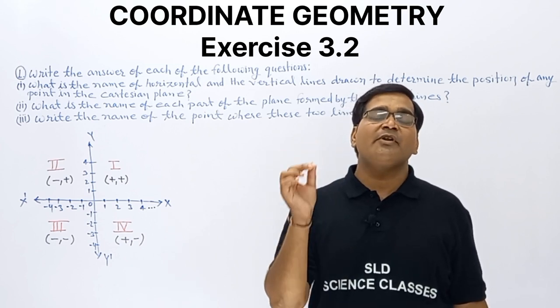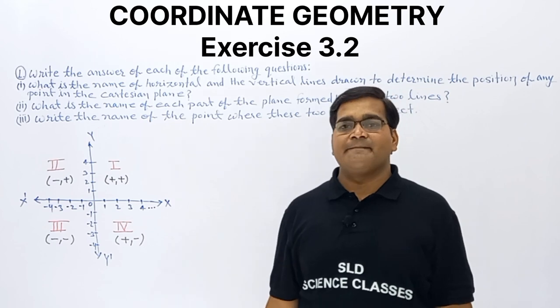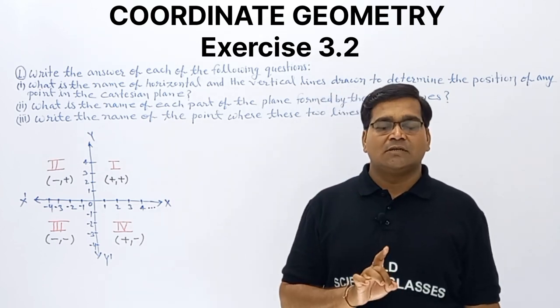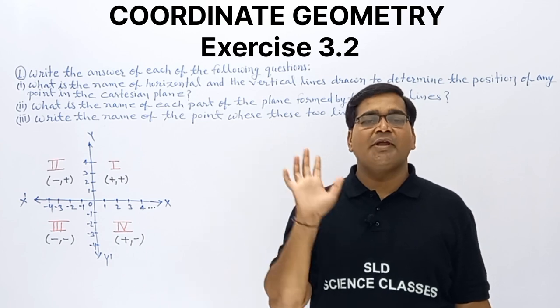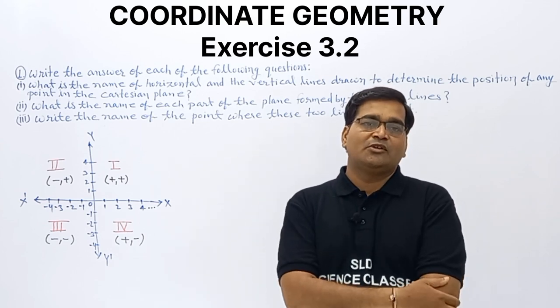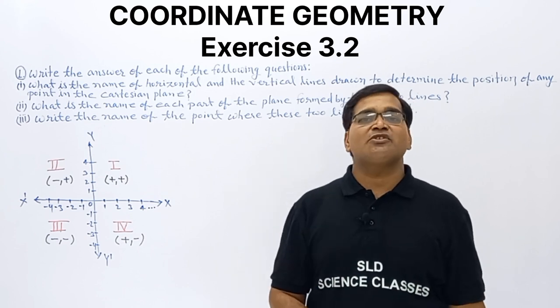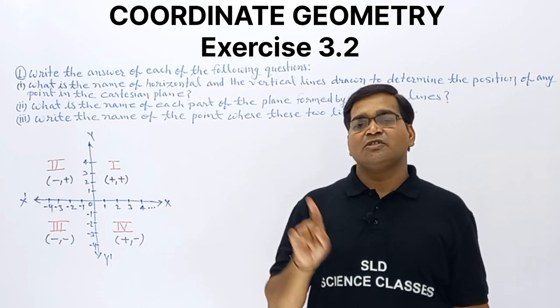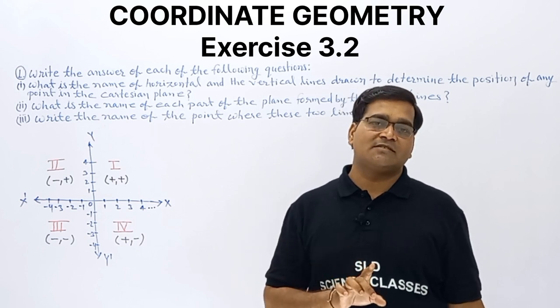The Cartesian system has two perpendicular lines. In it we have one point and we want the position of that point. So for finding the position of that point, we will refer to these two perpendicular lines.